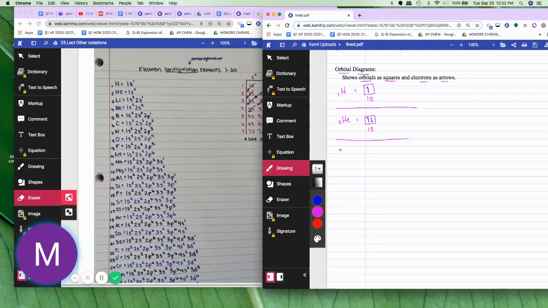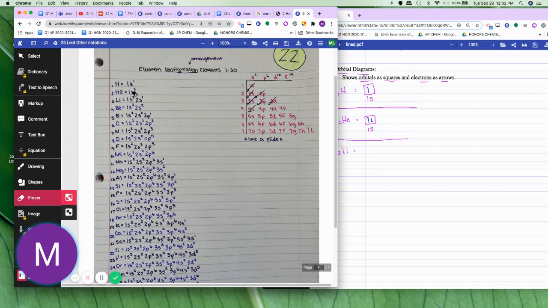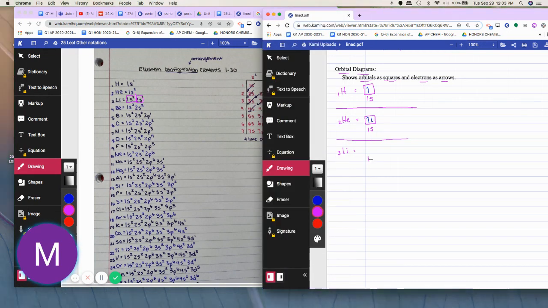Okay, let's try the next one. Let's do lithium, number 3. Lithium, as you can see over here, is 1s2 and 2s1. So you're going to draw 2 squares, a square for the 1s and a square for the 2s.